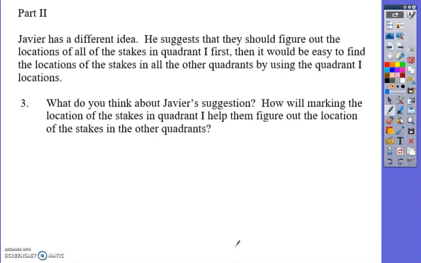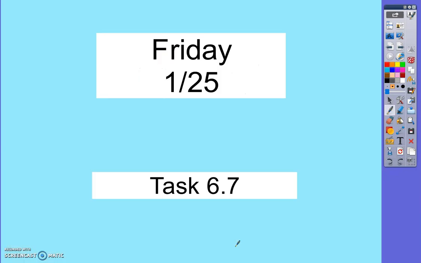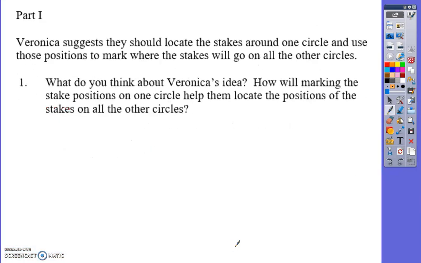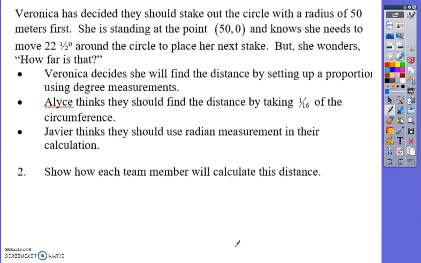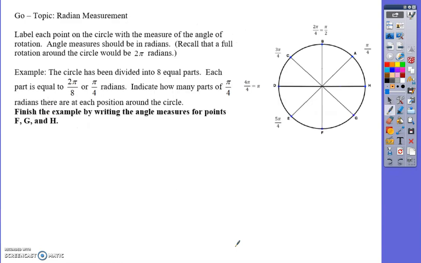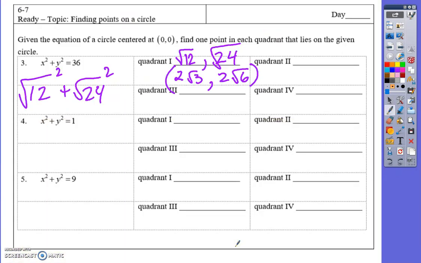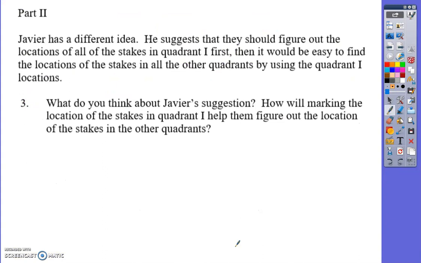So in part 2, in part 1, if you recall, we were looking at Veronica's idea of the 22 degrees around the circle, so basically using arc length on marking one circle and then using that one single circle to mark all the rest. Javier's idea in part 2 is different. Instead of doing everything, he wants to do the first quadrant first and then use the first quadrant to find everything in every other quadrant.